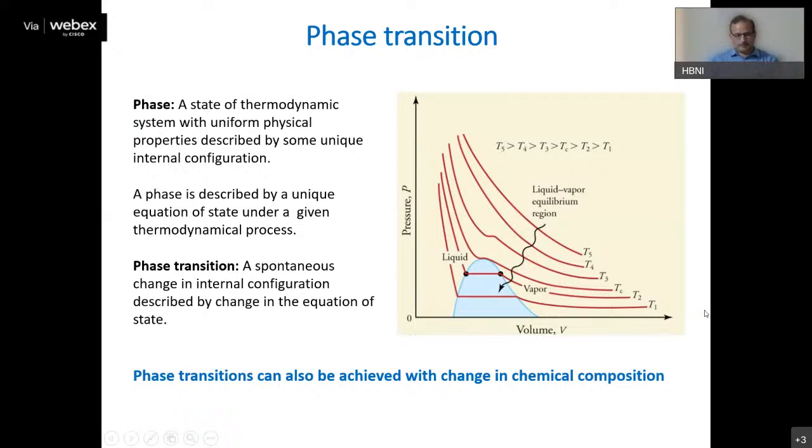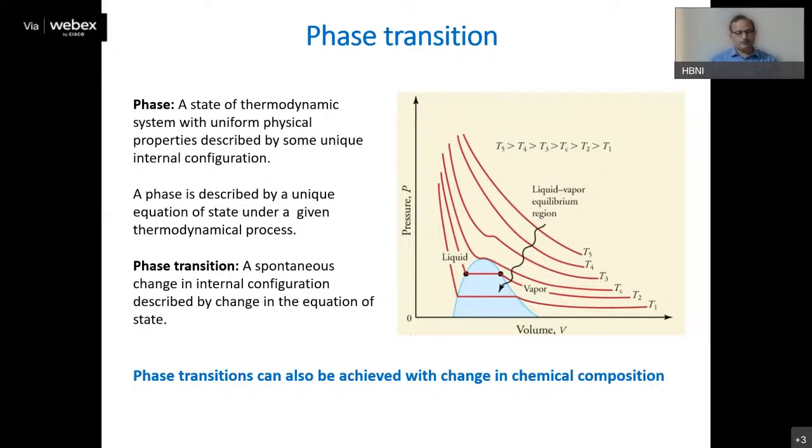Before we define phase transition, we should know what a phase is. As we discussed in the last talk, a thermodynamic state of the system which follows a unique equation of state can be called a phase. A phase should have uniform physical properties, and it should be described by some unique internal configuration.